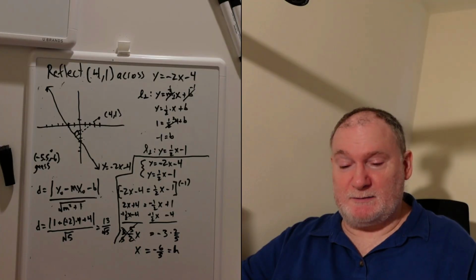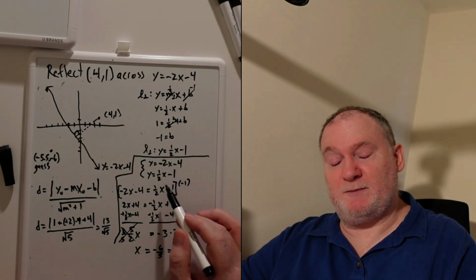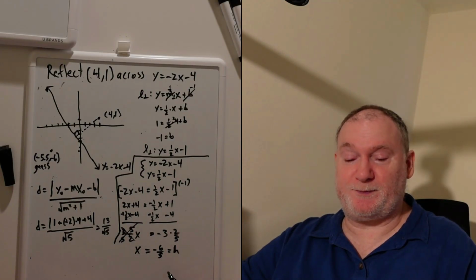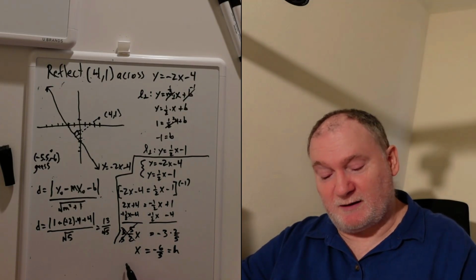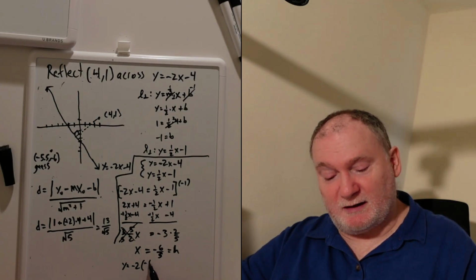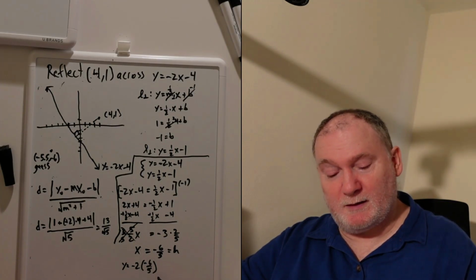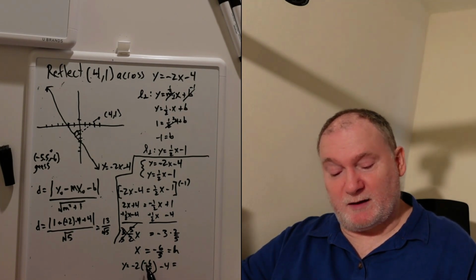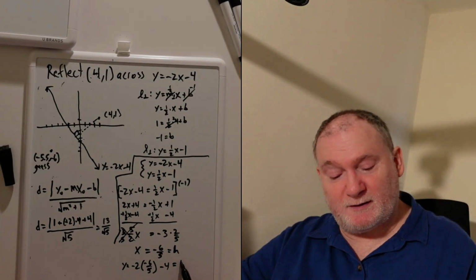And then y, you can plug this negative 6/5 into either equation. I guess I'll use the y equals 2x minus 4. So negative 2 times our x, which is negative 6/5, minus 4. Negative times a negative is a positive, so we get 12/5 minus 4.